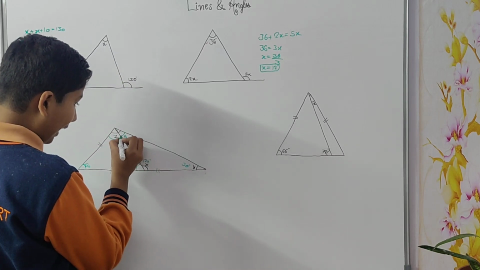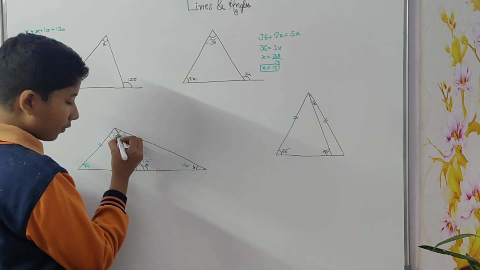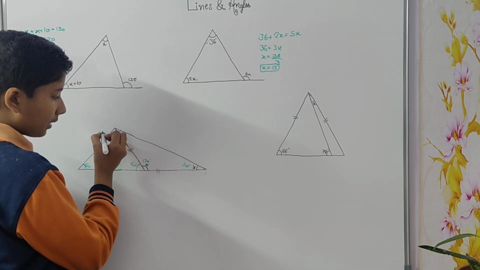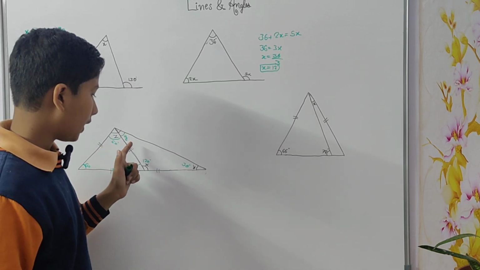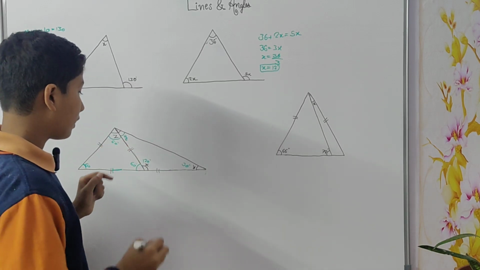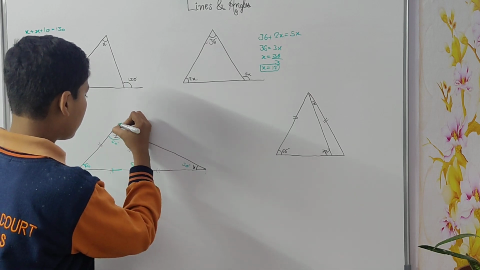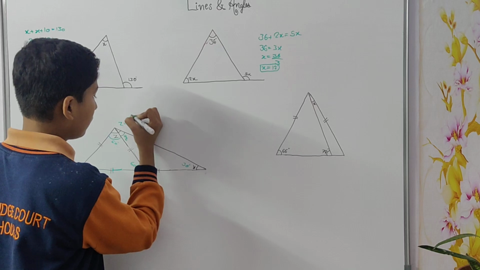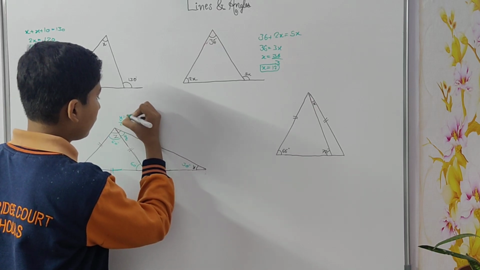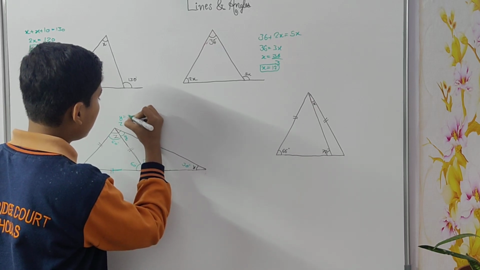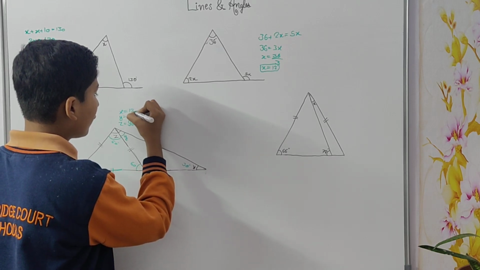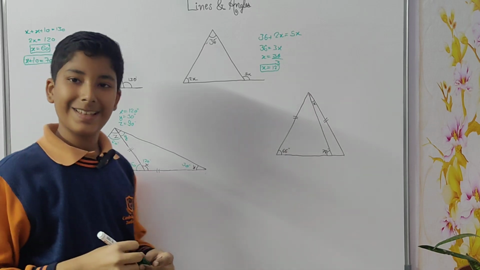And 60 plus y equal to z, because this one we have to find. So this plus this will be this, meaning 60 plus y, 60 plus 30, y is 30, so z equal to 90 degree. y equal to 30 degree, x equal to 120 degree.